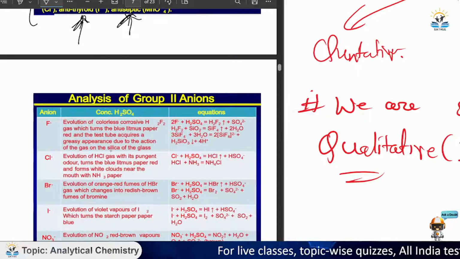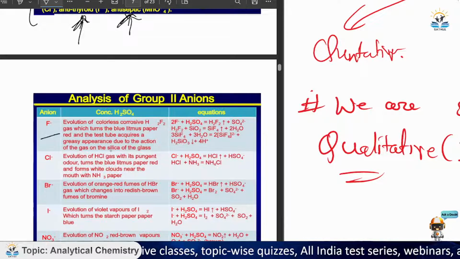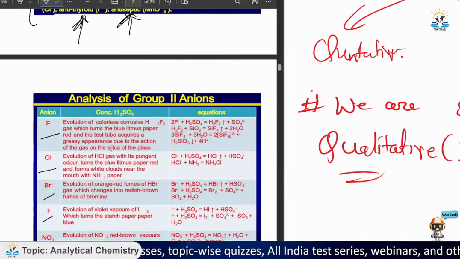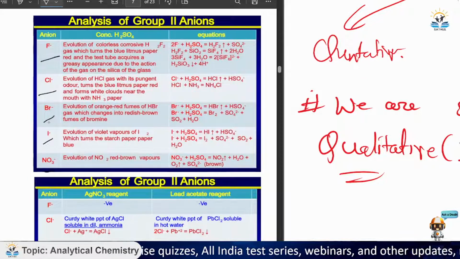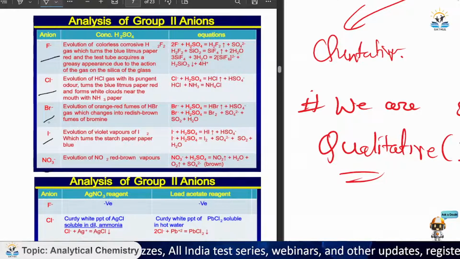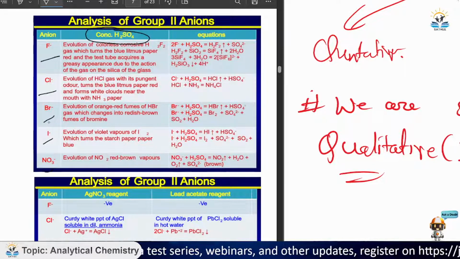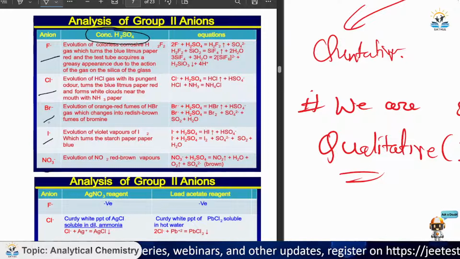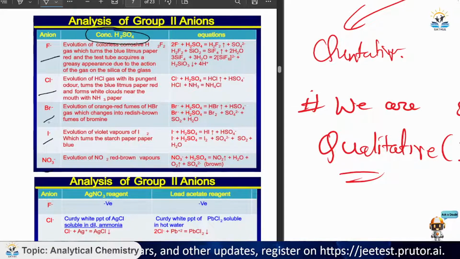Now, analysis of group 2 ions. What are we referring to as group 2 ions? That is simply fluoride, chloride, bromide, iodide, NO3 minus. Here the reagent changes. As we have seen, in group 1 we use dilute HCl, but here we use concentrated H2SO4.